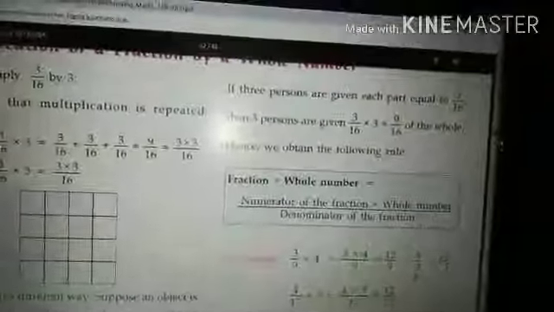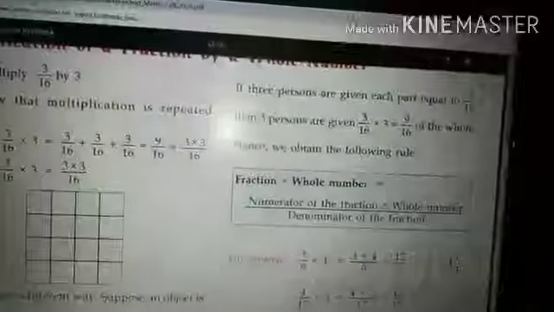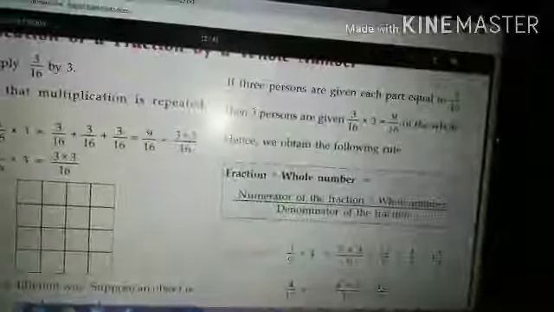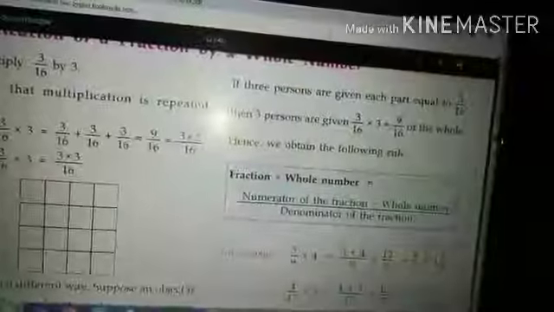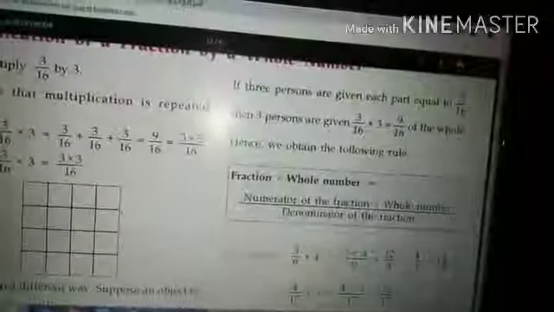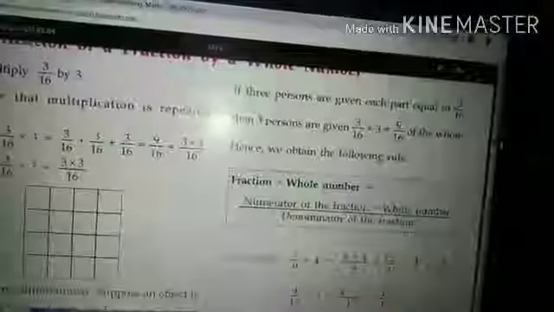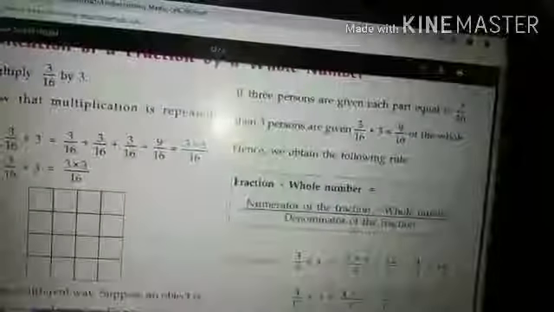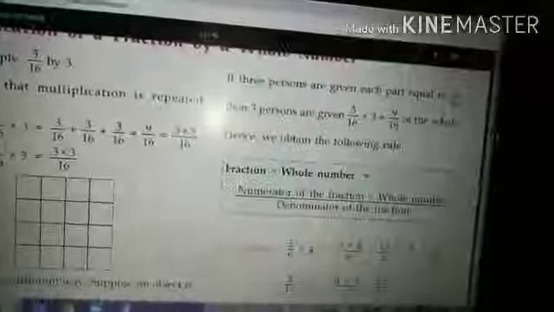By the definition of improper fraction, 4 is greater than 3 and 4 is the numerator. If the numerator is greater than the denominator, the fraction is called an improper fraction. So we can find the mixed fraction by dividing 4 by 3. 3 ones are 3, so 1 is the quotient. We put the whole number as the quotient and the remainder gives 1/3. So 1 and 1/3 is the answer.